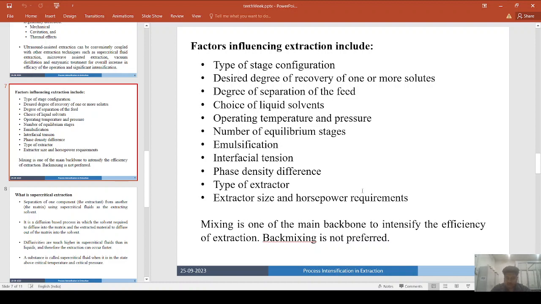The factors include the type of stage configuration, desired degree of recovery of one or more solutes, degree of separation of the feed, choice of liquid solvents, operating temperature and pressure, number of equilibrium stages, emulsification, interfacial tension, phase density difference, type of extractor, extractor size, and horsepower requirement. The mixing is one of the main backbones to intensify the efficiency of the extraction, where back mixing is not preferred.